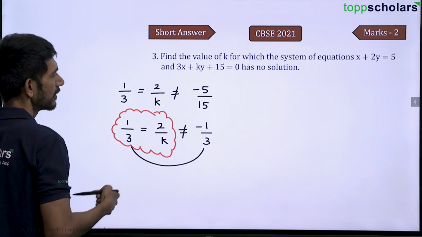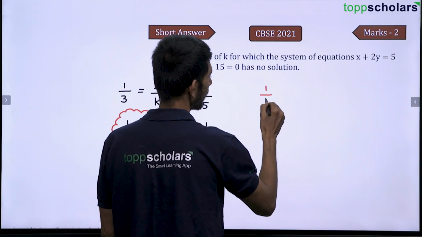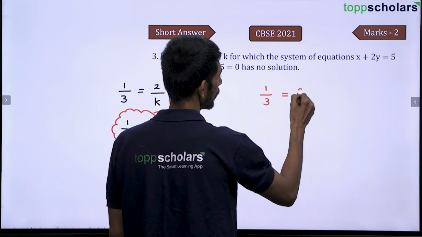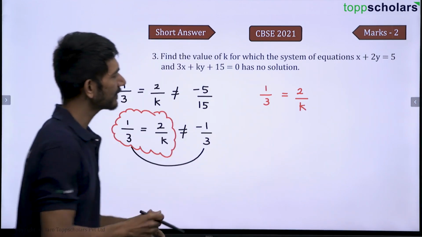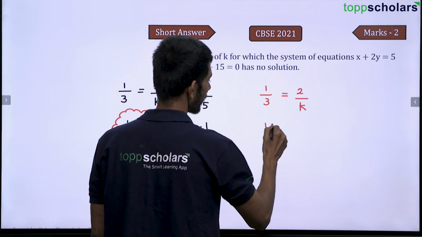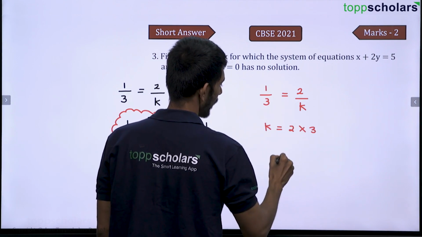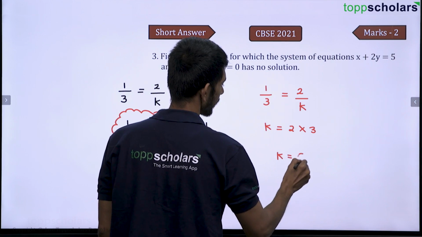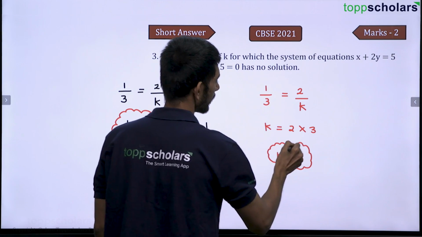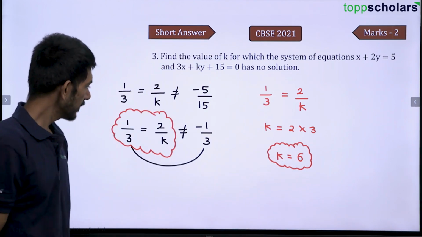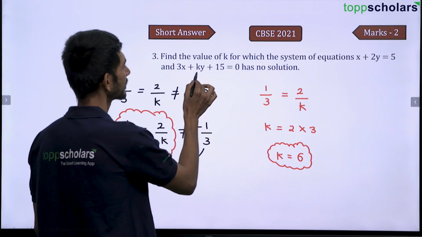So if they should be equal, then can I say 1 by 3 should be equal to 2 by k, and if I transpose k to the left hand side, I get k is equal to 2 into 3. The value of k that we get is 6. Yes, the value of k is 6. That means k should be 6.